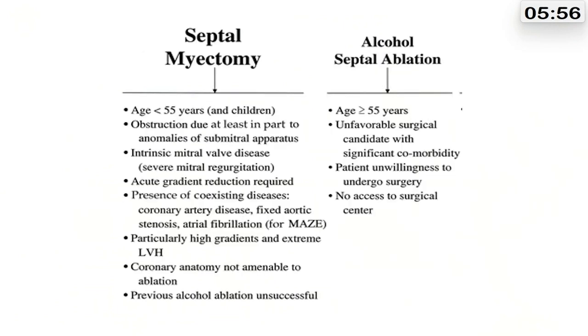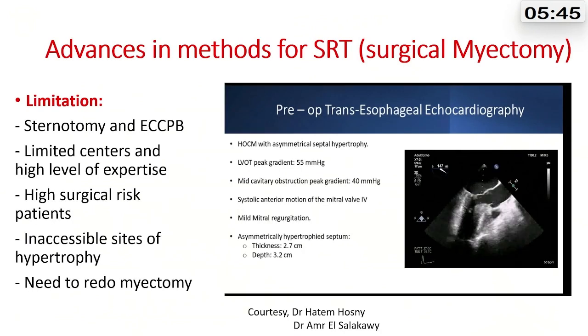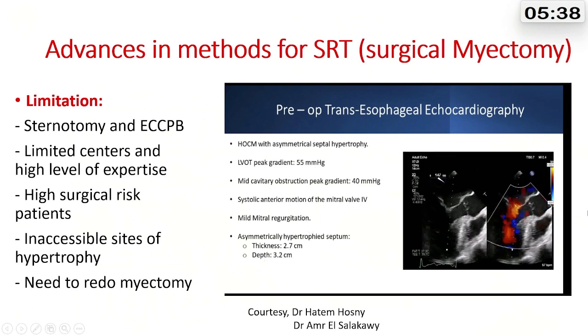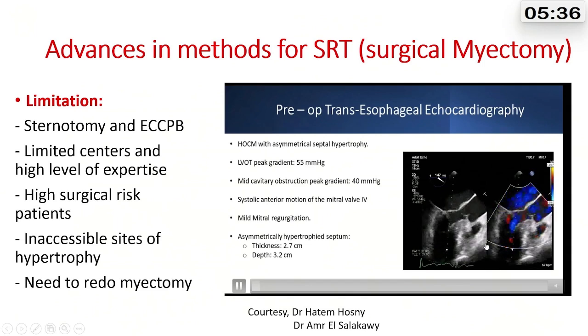Also, septal myectomy is more preferred when we have an intrinsic mitral valve disease or a coexisting disease that requires surgery, like CABG. Here in this video, this is one of the cases done in Aswan Heart Center, in which we can see the obstruction here.